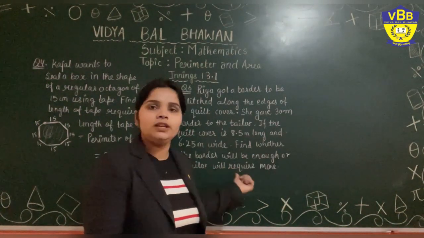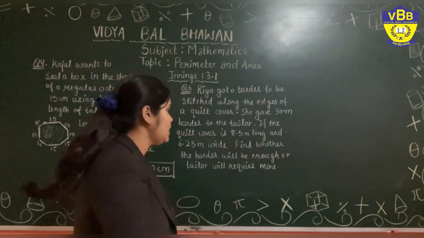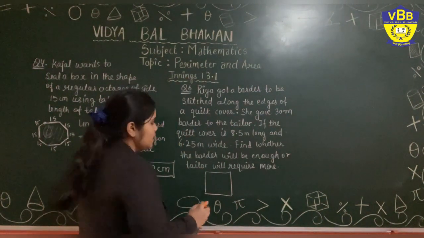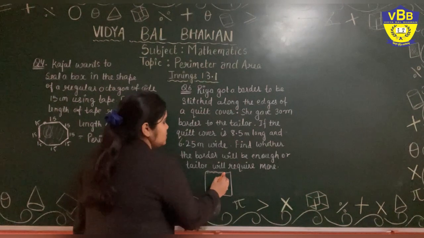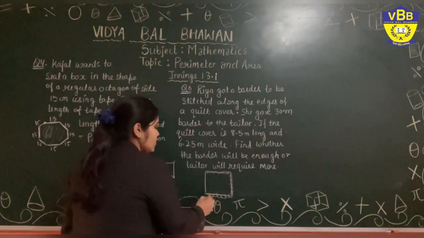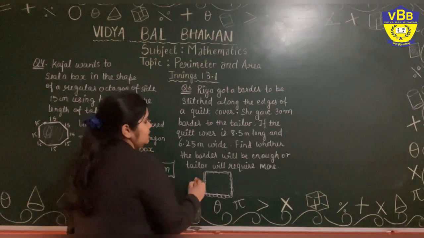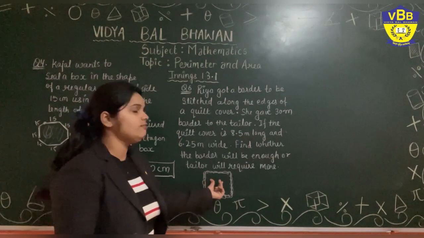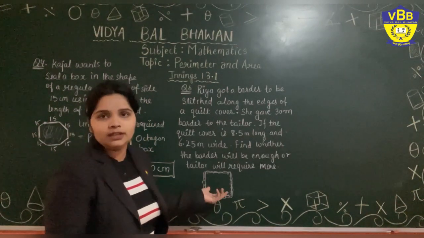The tailor will require more. Suppose this is the quilt. Now the border has to be stitched alongside the edges. That means I need to find the perimeter of this quilt cover to get the information about how much border I require.